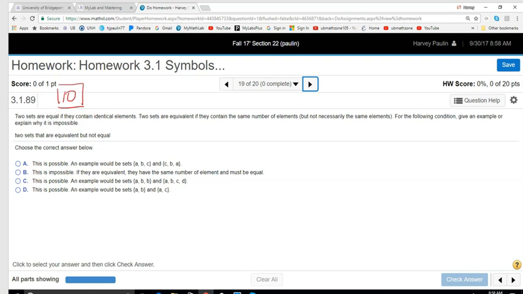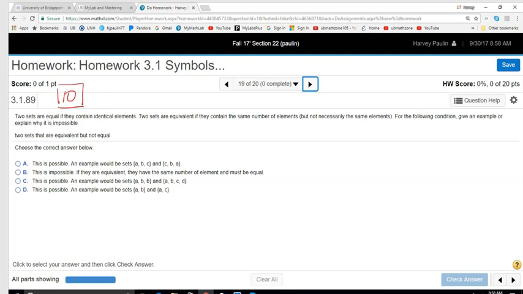In B, if they are equivalent, they have the same number of elements and must be equal. No, that's not true. This is possible in the example A, B, C. This has 3, this has 4. That's not true. This is possible.